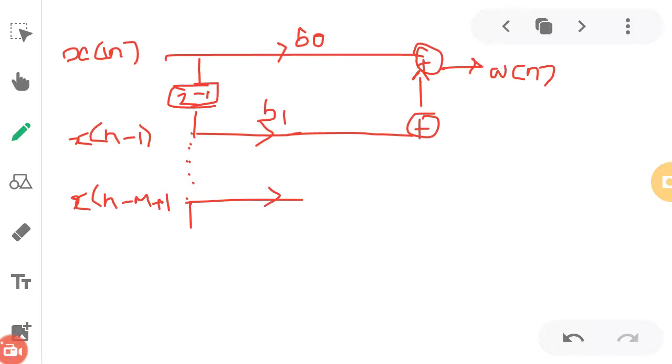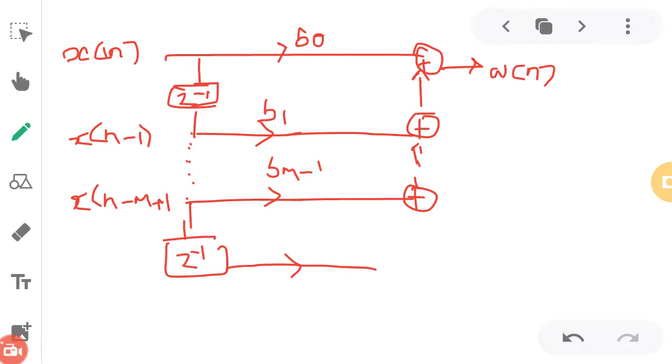This will be b of m minus 1, and the sum will be like that. Here the last term will be Z inverse and Bm into x of n minus m, that also we will add, and this will be the realization of W of n by using the direct form method.